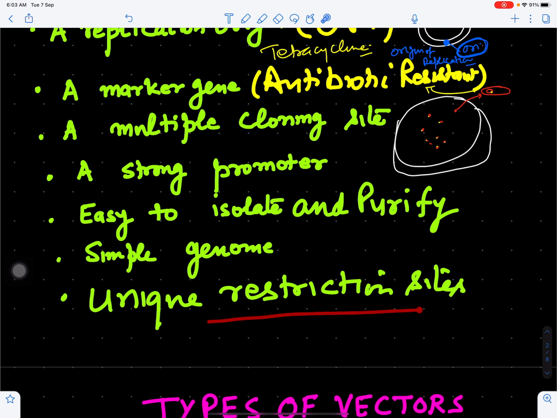Then it will have various kinds of restriction sites which can act on the plasmid. Supposing this is a plasmid, if it has only one kind of site for the restriction enzyme, then it becomes difficult. It may have different restriction sites where we can put our DNA or gene of interest.